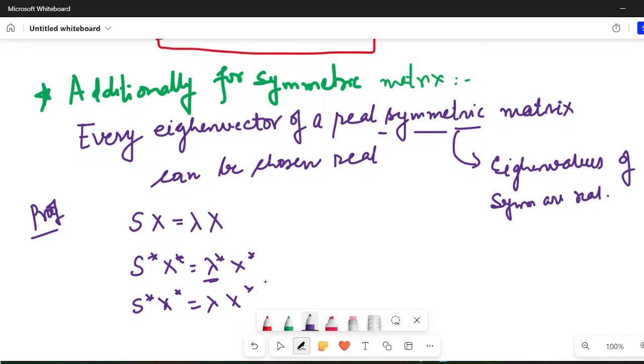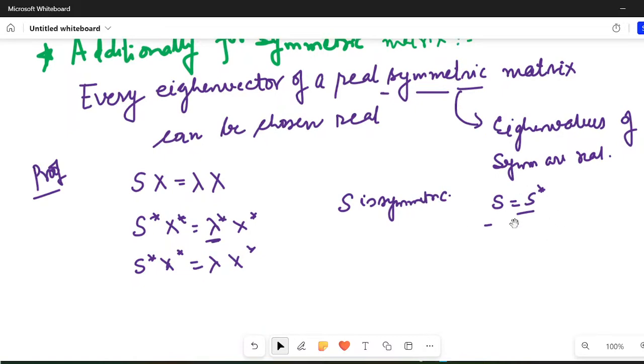Okay, now you see, since S is real symmetric, I can write that S is equal to S star. So here it is 1, and here I can write it as 2. And what is X? X is the eigenvector corresponding to lambda.